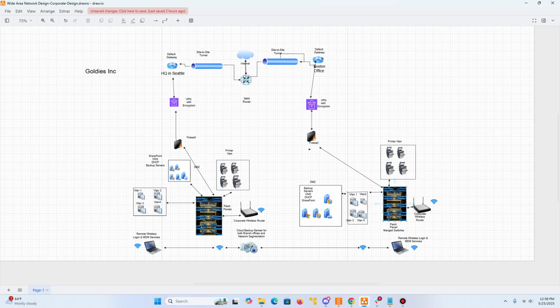Now, our switches are the backbone of our company in providing communication, and we use managed switches for VLANs and segmentation of networks.